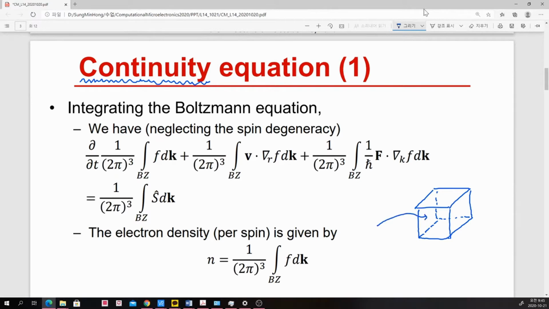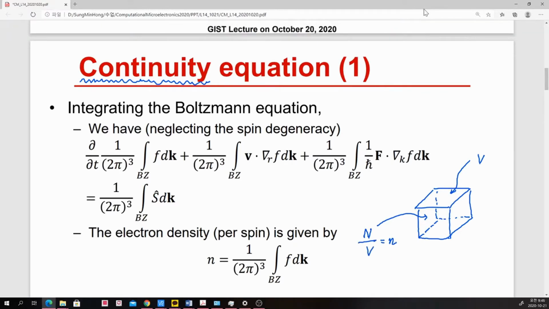So say we have calculated the number n, and say the volume is V, then n over V equals the electron density. That will be the simple definition for our electron density. Then how can we calculate this n and V?